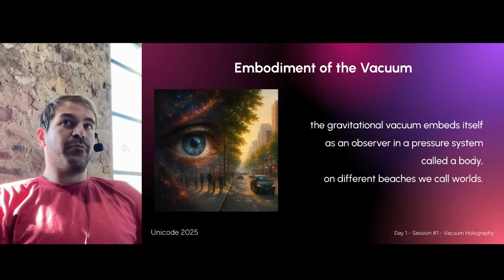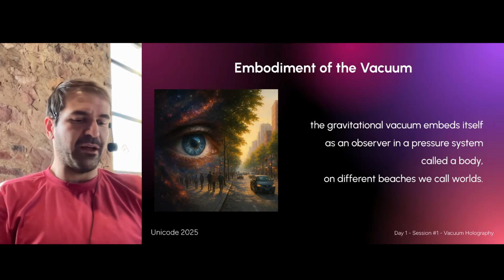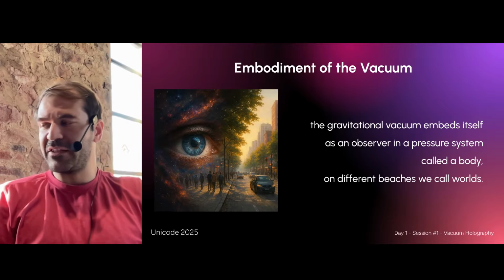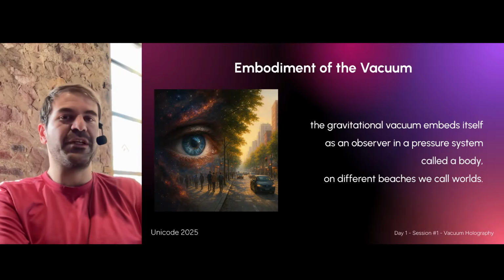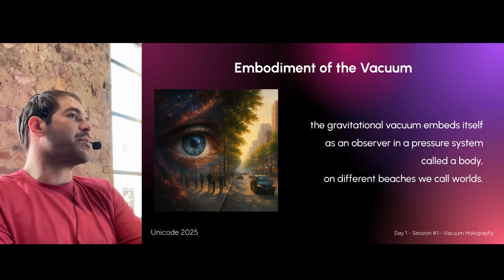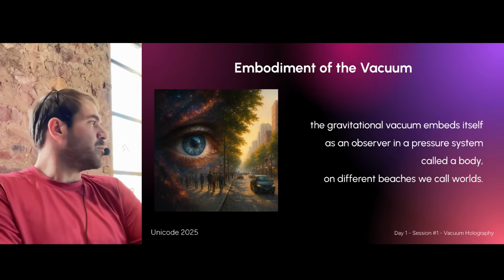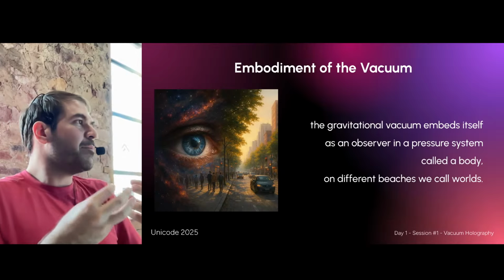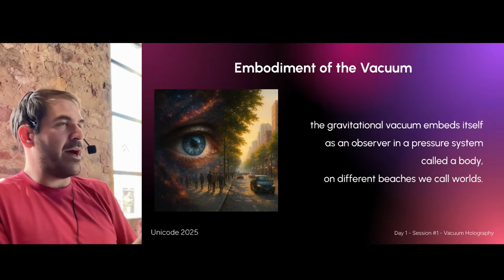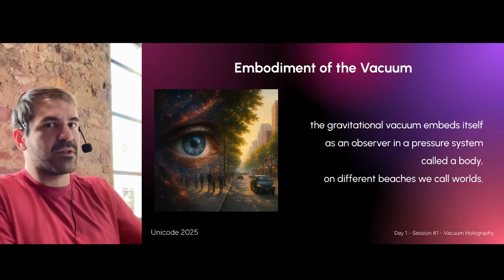Yeah, and we'll get even more precise with all of our Unicode framings as we continue developing this out. So there's an embodiment that's happening of the vacuum. That's another great way to describe the hard problem of consciousness. There's an embodiment of the vacuum happening right here in your own very pupils.